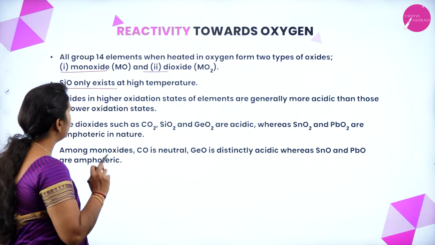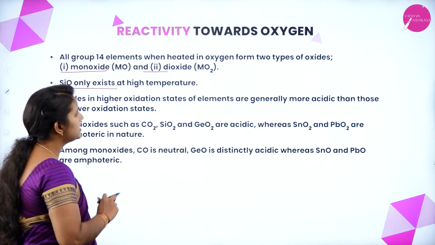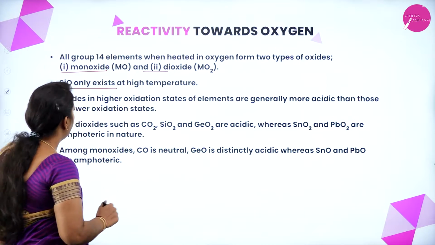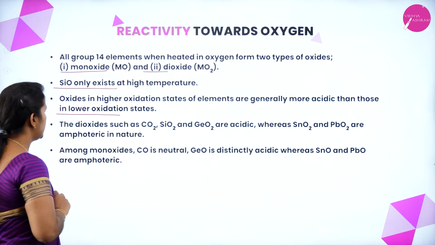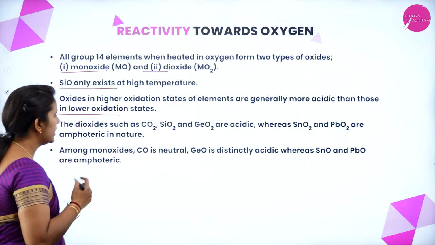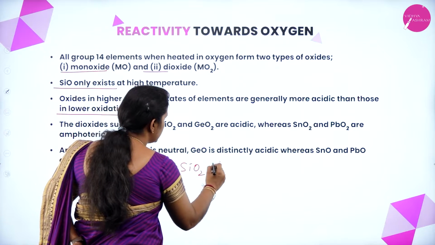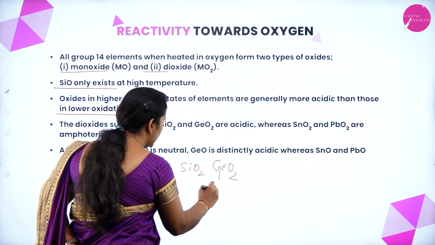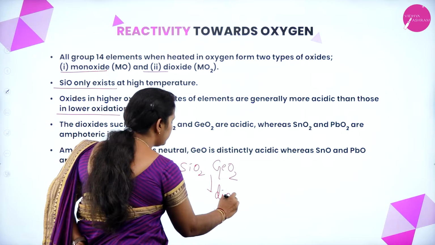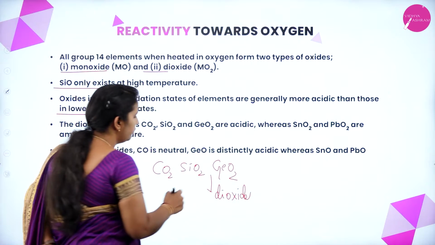The oxides in the higher oxidation states of the elements are generally more acidic than those of the lower oxidation state. If you see the dioxides, like carbon dioxide, silicon dioxide, germanium dioxide, they are the dioxide forms of what? Group 14.